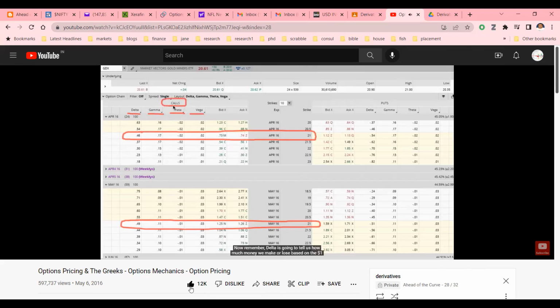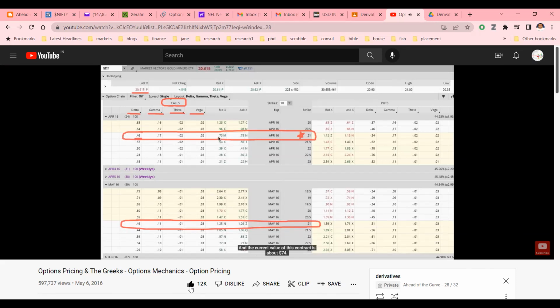Now remember, delta is going to tell us how much money we make or lose based on a $1 move up in the stock. So right now, the delta of the 21 strike call options is 46.46. What this means is that if the stock goes $1 higher from where it's at right now, from 20.62 to 21.62, all things else being equal, then the value of this option contract is going to go up by $46.